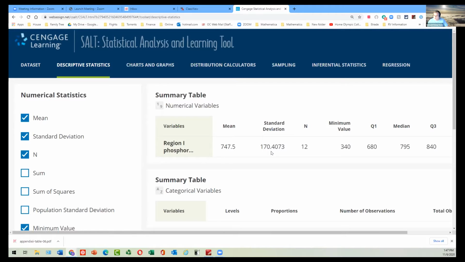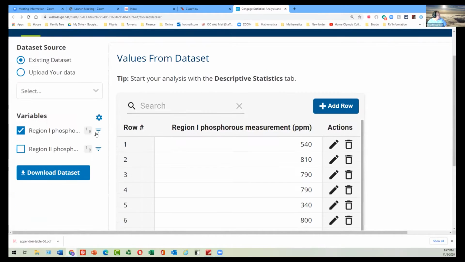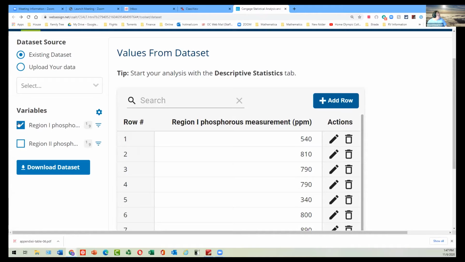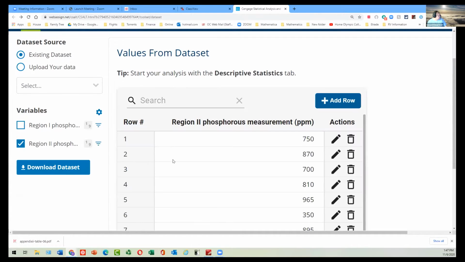Do you see where I got those numbers from? Right, I hit the SALT button, and then I said to it, I think I can go back on this, right? Now, if I wanted region 2, wouldn't I uncheck that one and recheck this one? And that way I could get the second one.